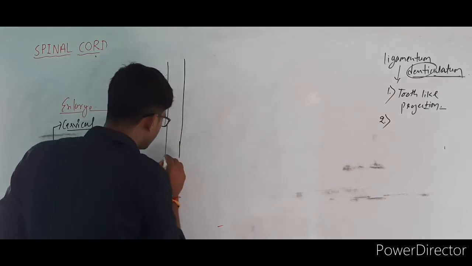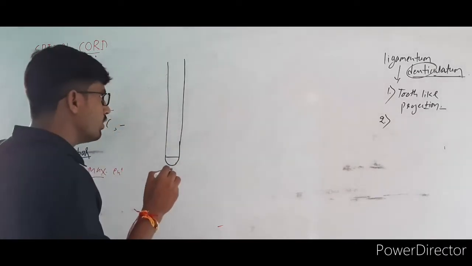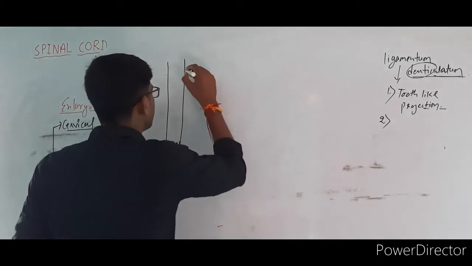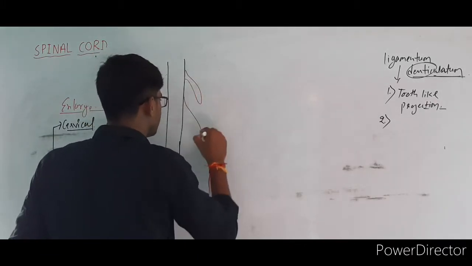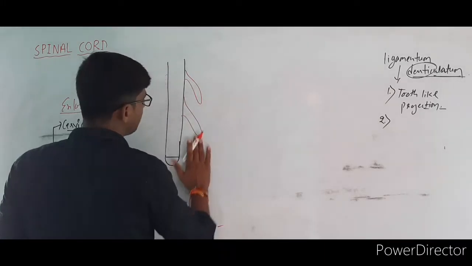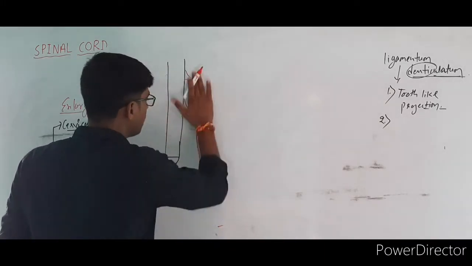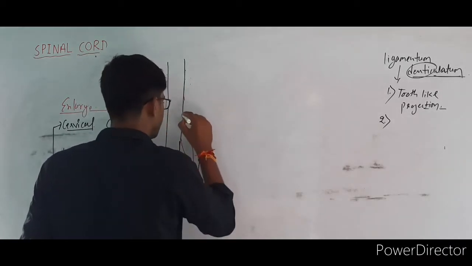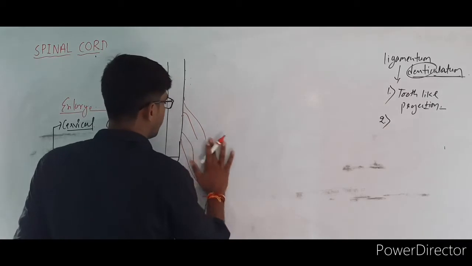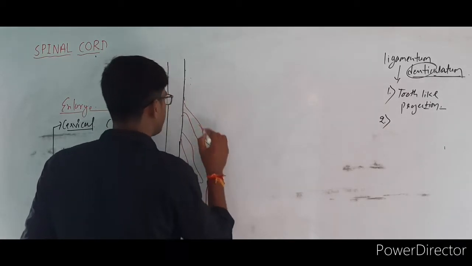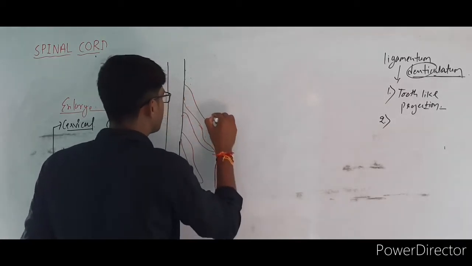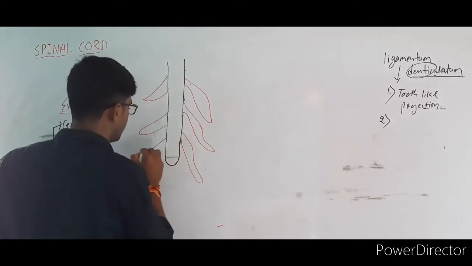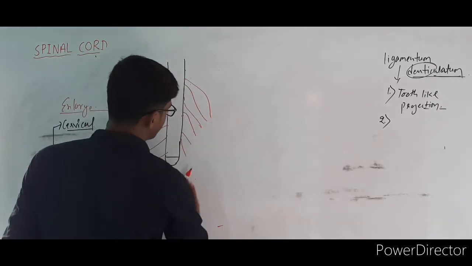The ligamentum denticulatum is like denticulatum-like structures. It can be like this. From here it's very sharp. So it's like this. Tooth-like projections.